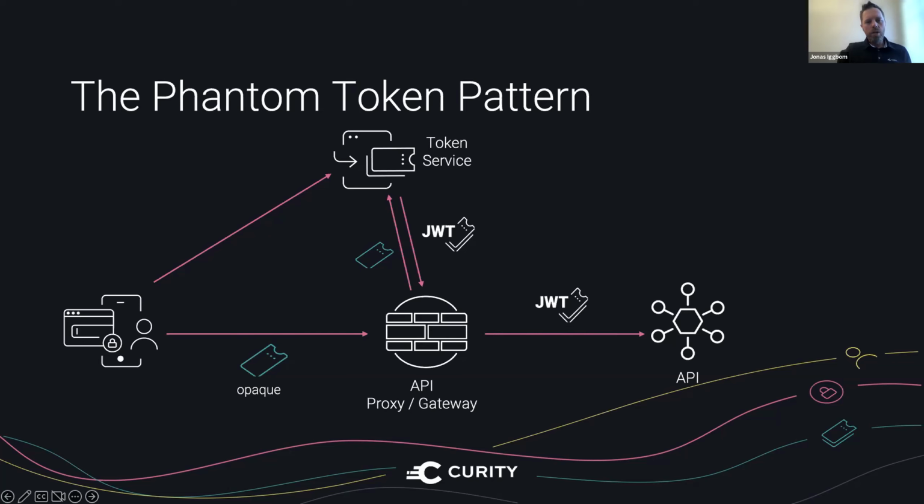So we essentially make an introspection call to the token service, and in replacement for the opaque token, we get a JWT. Now the JWT can be passed on to the upstream API and consumed by the API, because it's typically the API that needs the information here, that needs to consume the JWT. The application on the outside shouldn't really be involved in reading that information or even needing it necessarily.